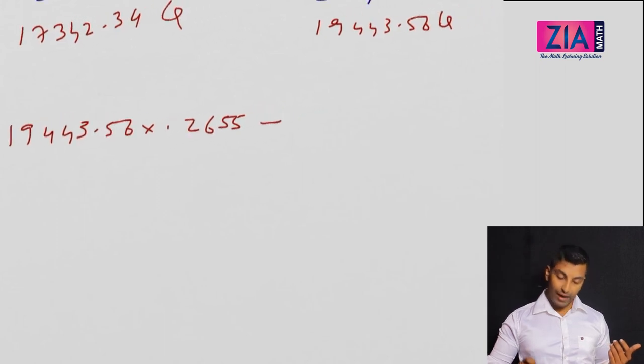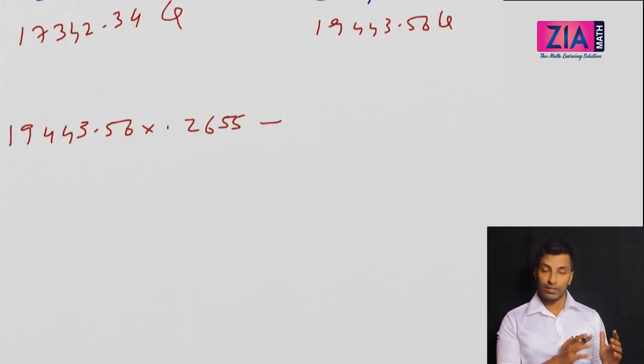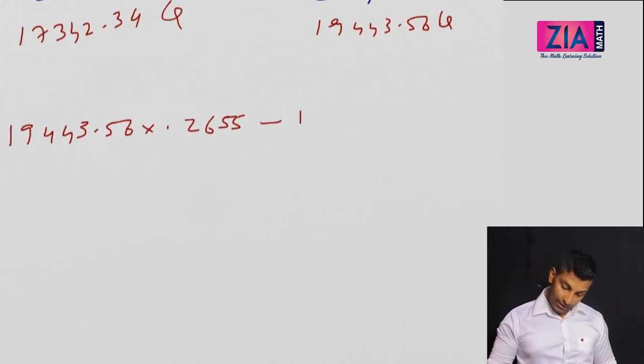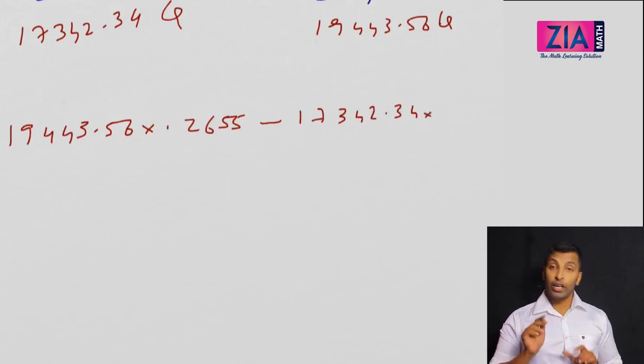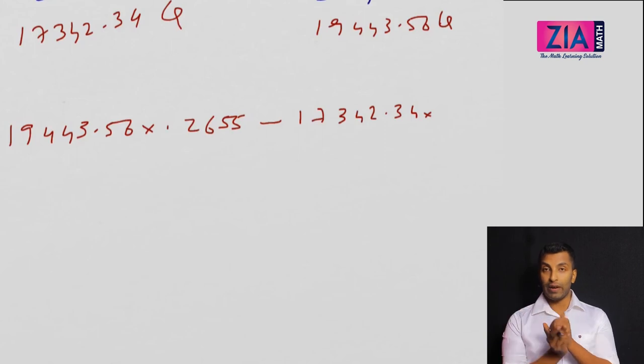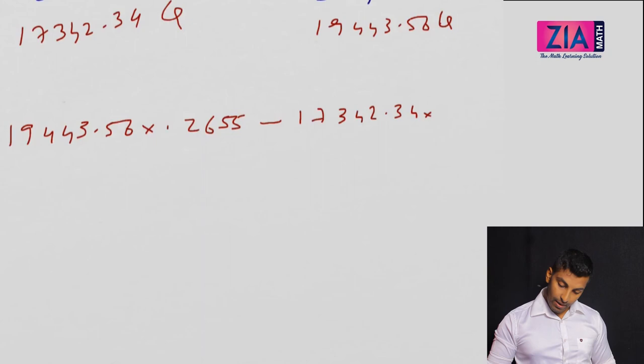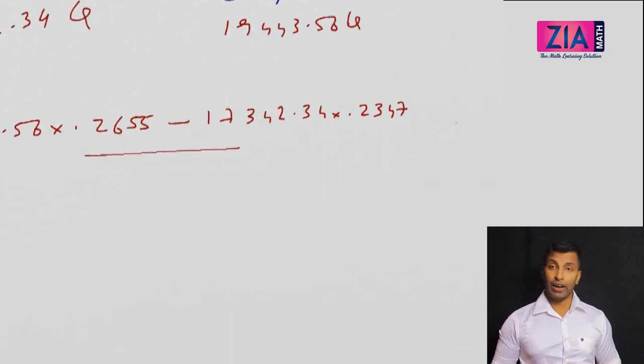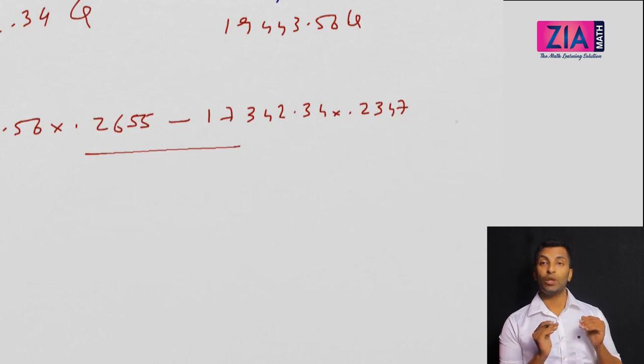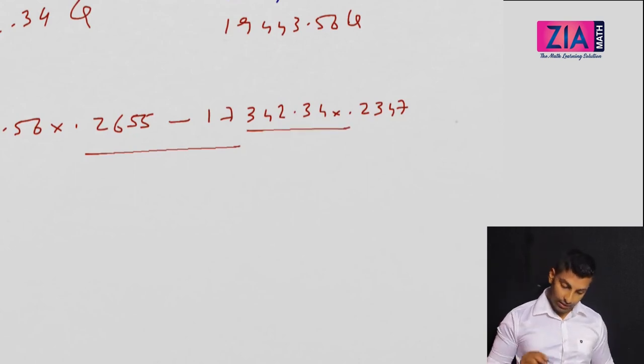Minus, because we need to find the change, right? Now let's write 2016. So 17342.34 into 23.47 divided by 100, right? 23.47 divided by 100 means I can write 0.2347, divided by the base. Base means 2016, and that is this one, right?